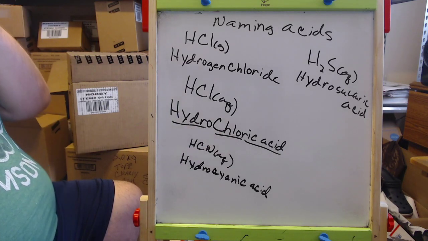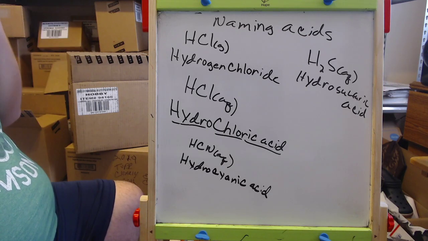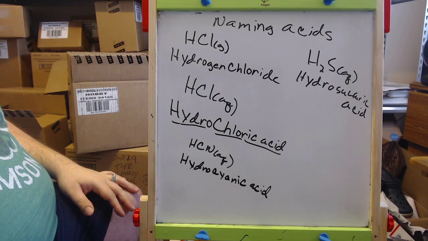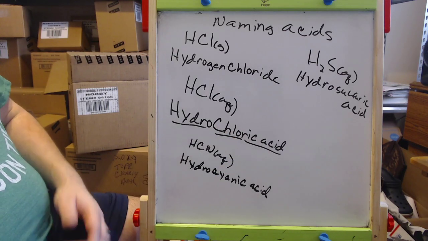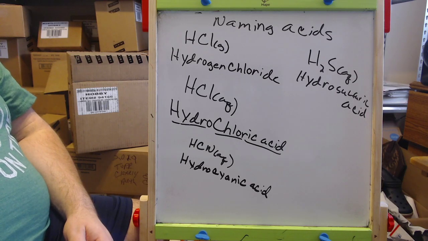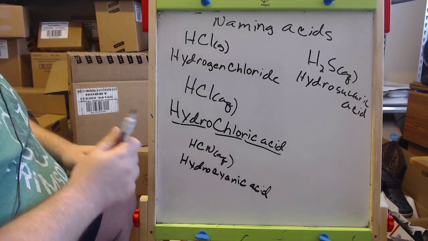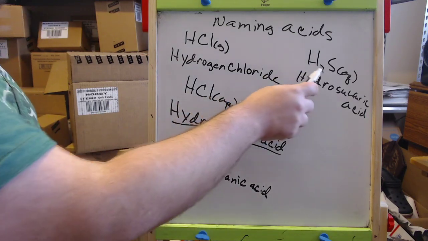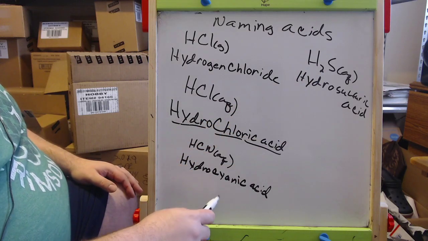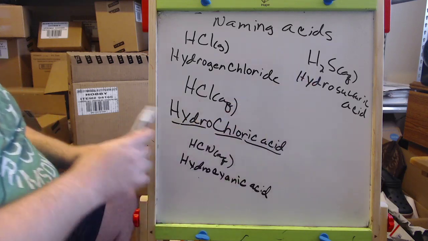Then the root of the anion, chlor. Then ic acid. So hydrochloric acid. Strong acid, weak acid, weak acid. Completely dissociates, partially dissociates, partially dissociates.